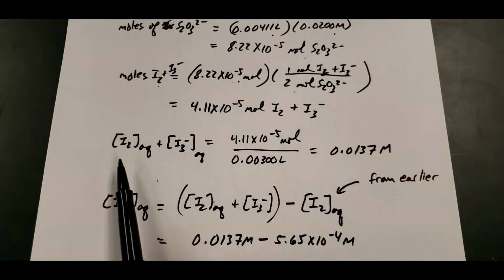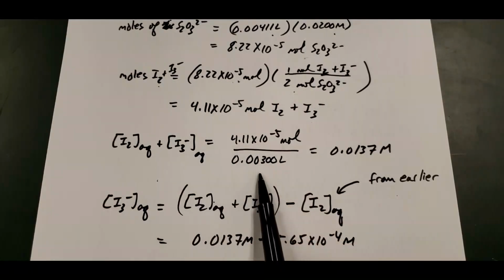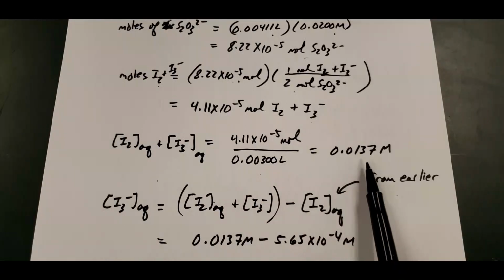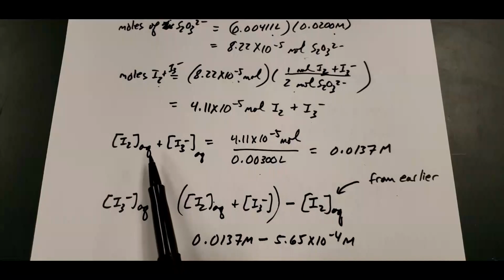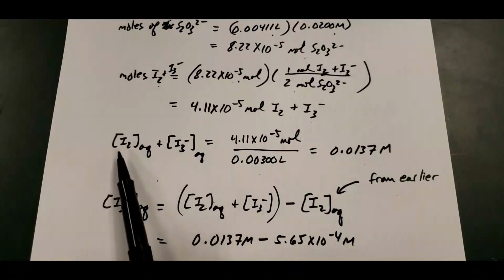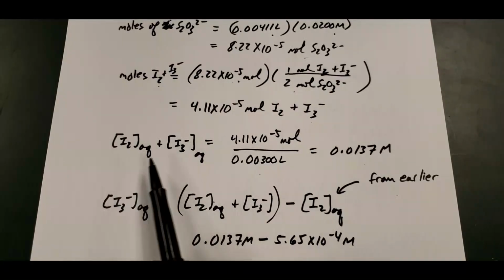The concentration of these together is this number of moles divided by the volume we used, which was 3 mL, and here's our concentration. But on its own this would be more or less useless unless we can separate them. Maybe there's a really small amount of one and a large amount of the other, or vice versa, or they may be equal amounts. We don't know.